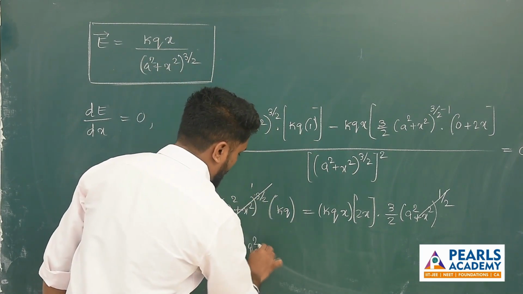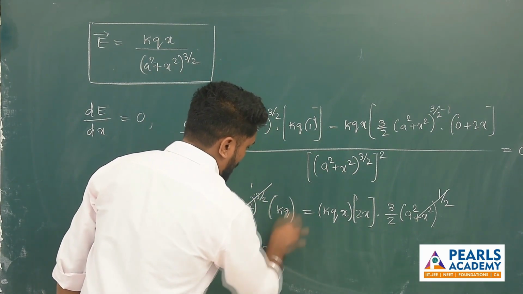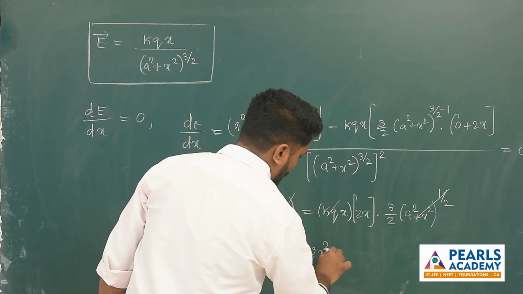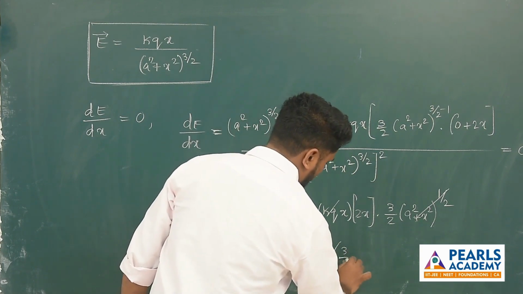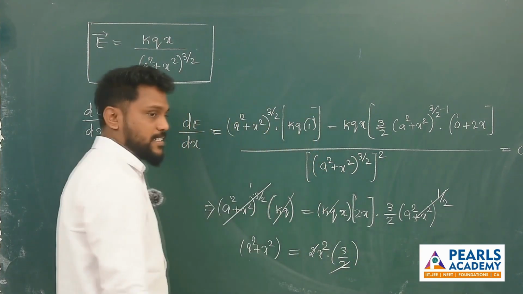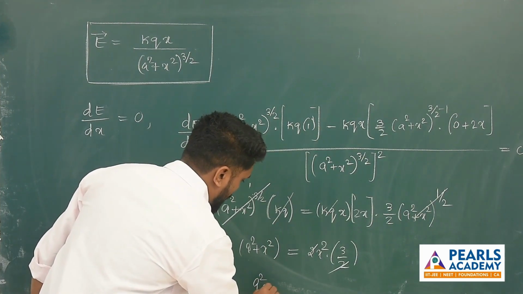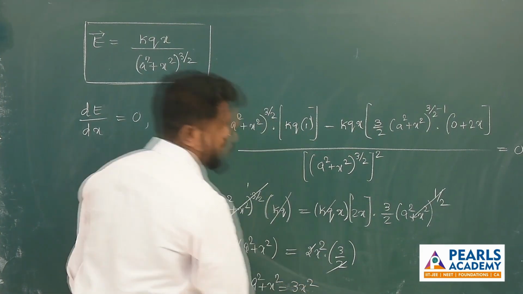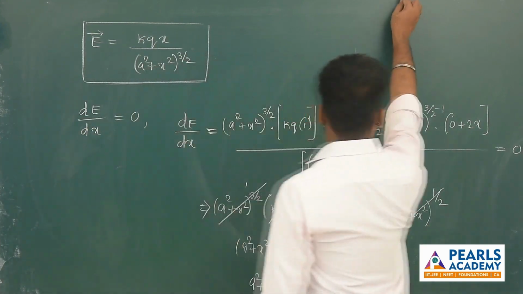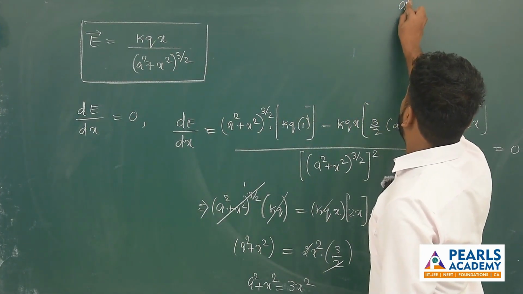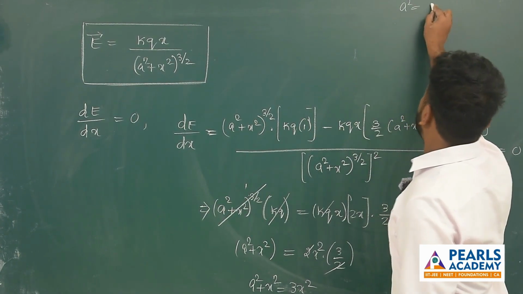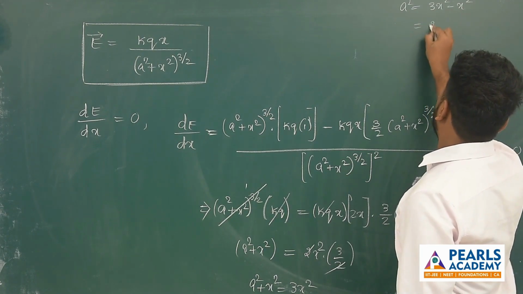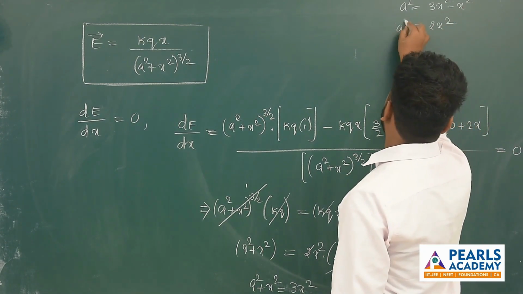So a square plus x square, where kq gets cancelled, equals 2x square into 3 by 2, where this 2 also gets cancelled. So we can write a square plus x square equals 3x square, from which a square equals 3x square minus x square, which is 2x square equals a square.